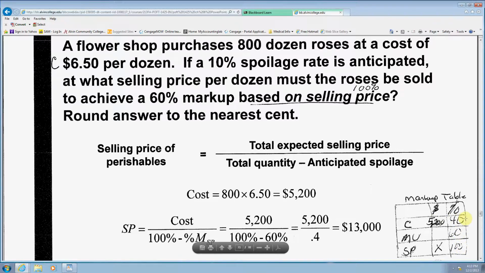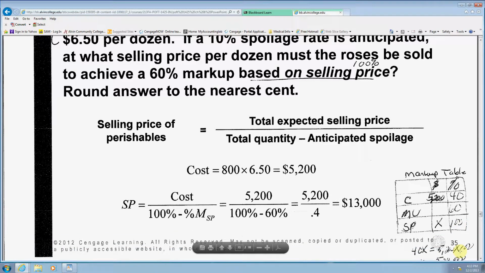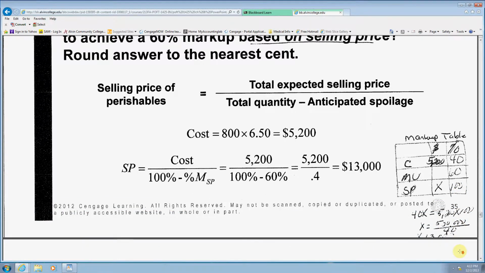So cost markup would be 40%. So 40x times 5,200 times 100. And we get the exact same thing, 13,000, if we use the cost over 100% minus a percent of markup based on selling price. 13,000 is our selling price.